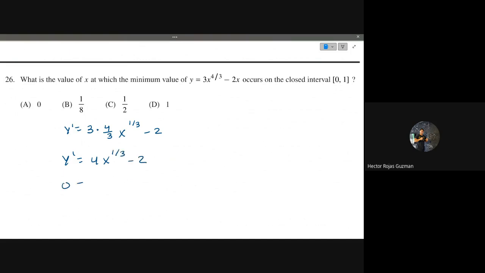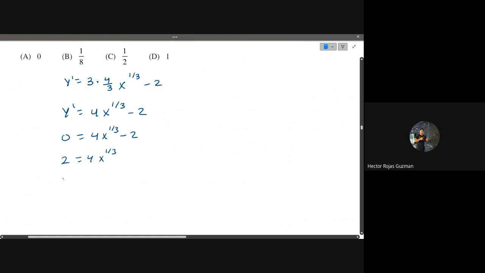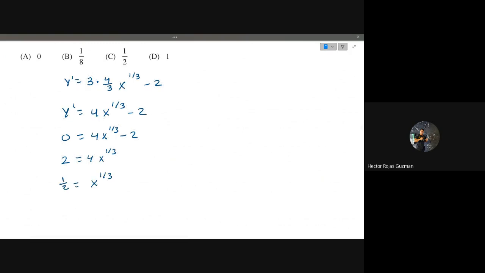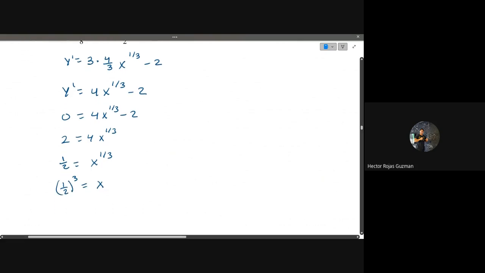We set it equal to 0. Okay, we solve for x. Divide by 4. Cube it. 1/2 to the power of 3 is 1/8. That's my critical point.